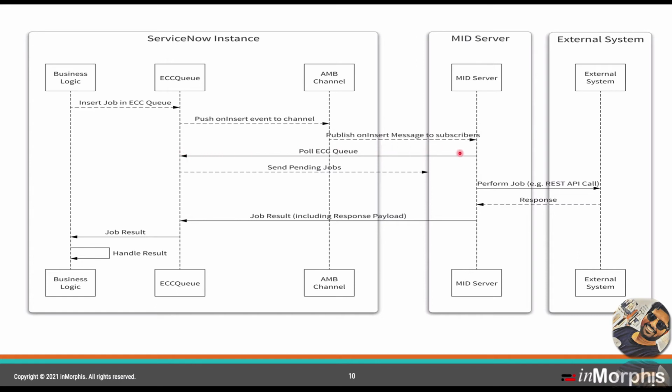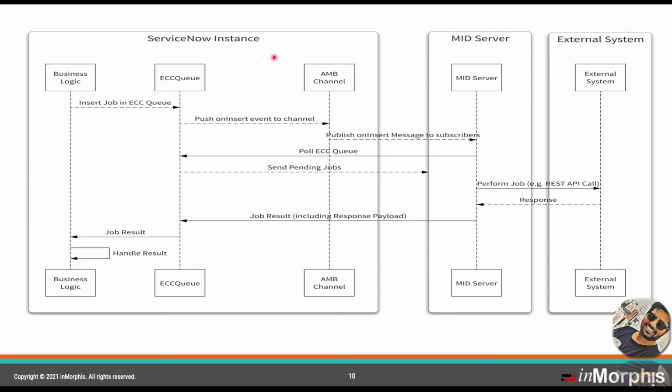As soon as it gets the pending jobs, it will perform the job on the external system, get the response, and push the data back into the ECC queue, and from the ECC queue we get the result in my business logic. This is how internally the whole structure communicates.